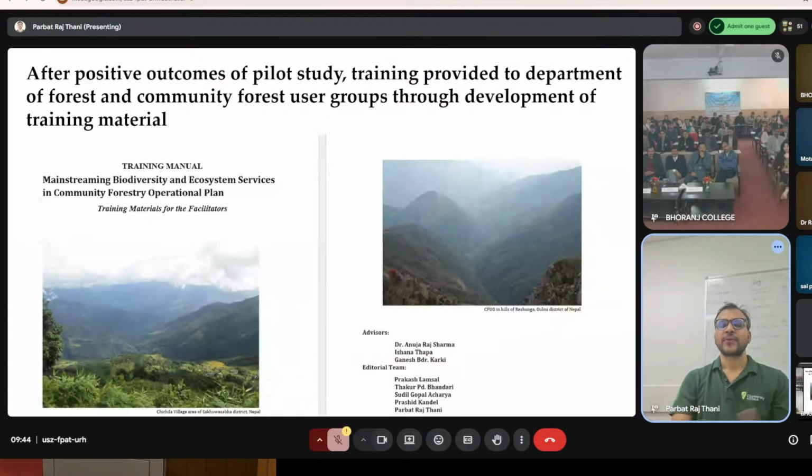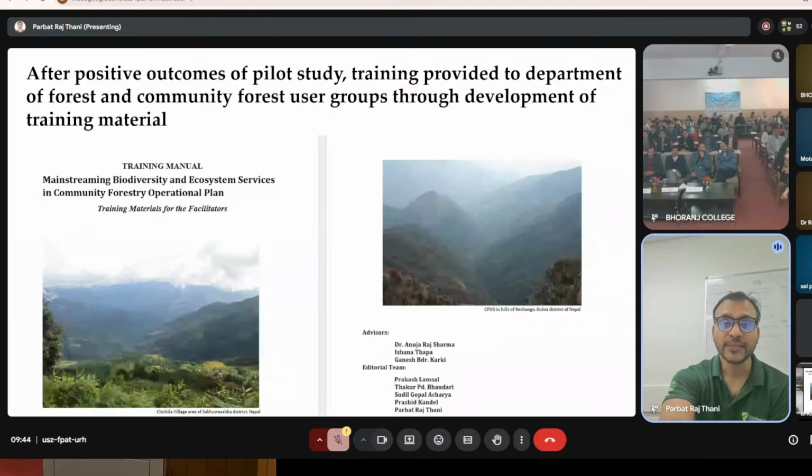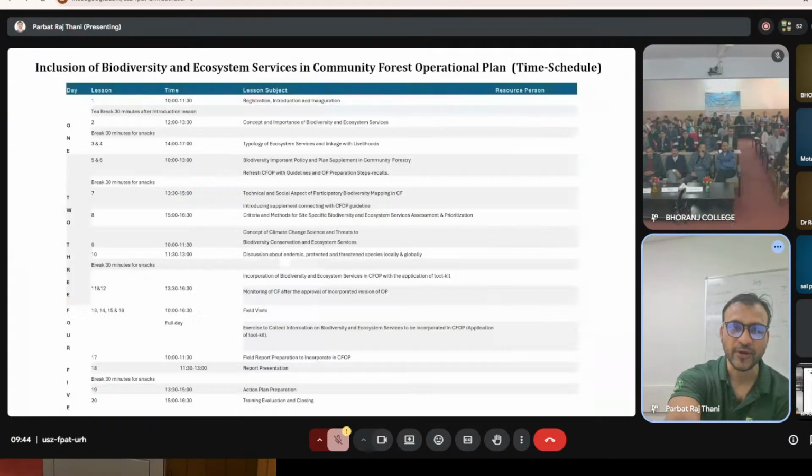And after doing all these things, we realized that it's really a good idea, and we can now apply all those procedures into the operational plan, and we can even teach the forest officers, user groups, and many stakeholders who are involved in managing community forest. During that time, we developed a training manual, used for a 5-day training.